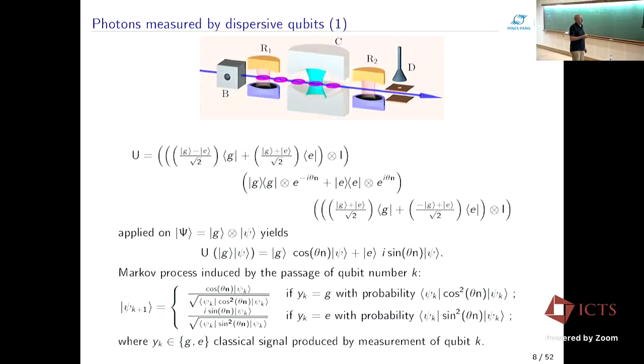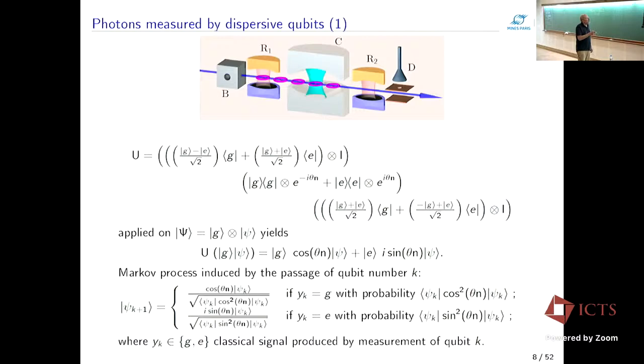So you don't touch the photon, you just change G to G plus E over square root of 2 and E to minus G, so you make this rotation. It's something very easy. Then you use the propagator corresponding to the interaction between the photon and the atoms. So it is this thing.